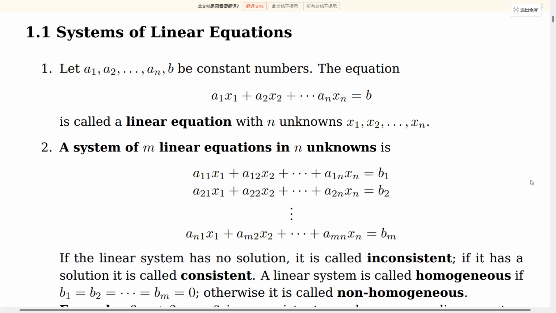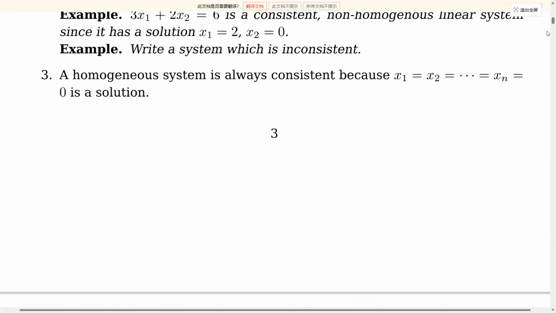One of the easy things you can see is that a homogeneous system always has a solution. When you plug in 0 for all the variables, the equations are always true. So a homogeneous system is always consistent. All right, so let's just look at some examples.